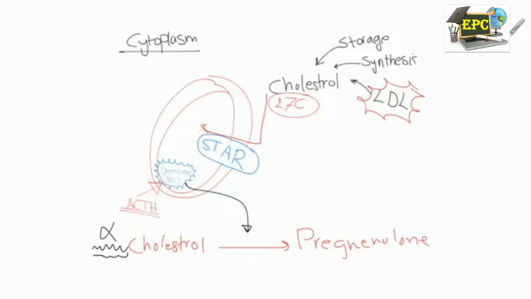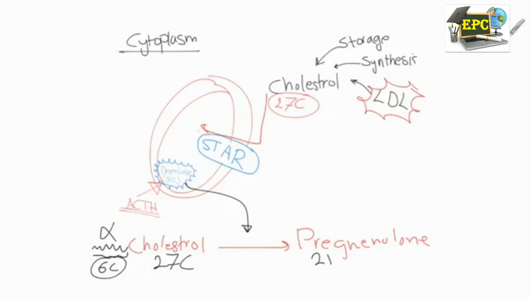So desmolase has another name, which is side chain cleaving enzyme, and that is basically the function it is doing. It cleaves the side chain of cholesterol. So cholesterol is a 27 carbon molecule, and then it gives off this 21 carbon one. Basically the side chain is equivalent to 6 carbons, and we already lost this by the function of desmolase.